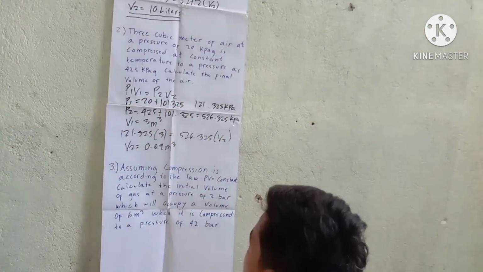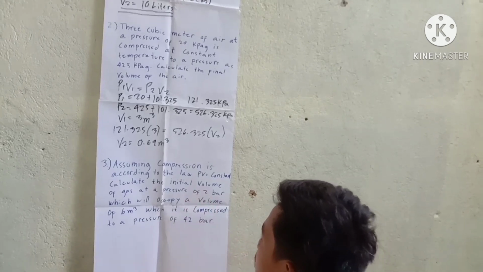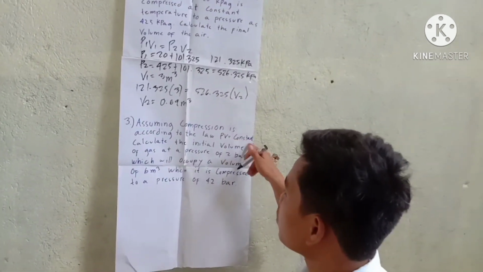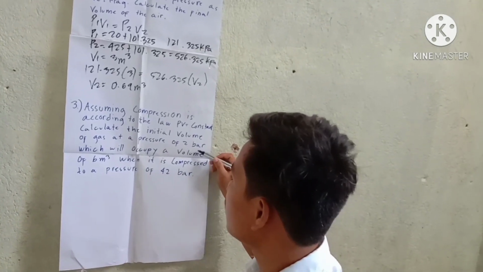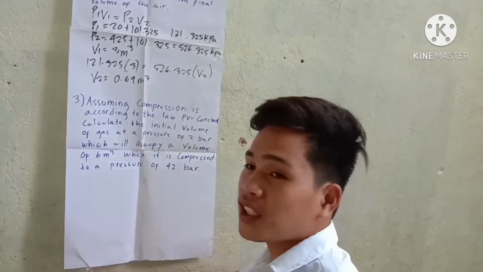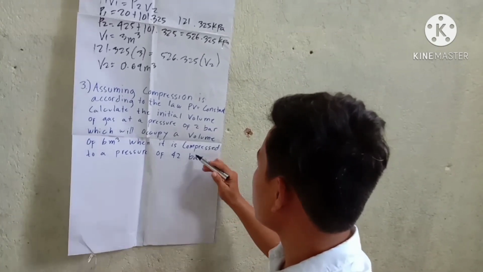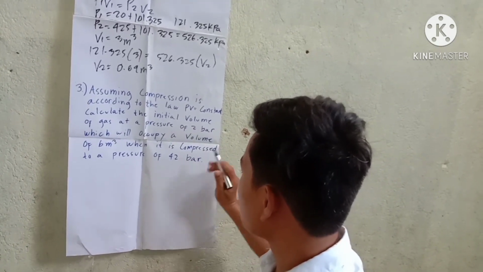The problem says, assuming compression is according to the law PV equals constant, calculate the initial volume of gas at a pressure of 2 bar which will occupy a volume of 6 meter cube when it is compressed to a pressure of 42 bar.